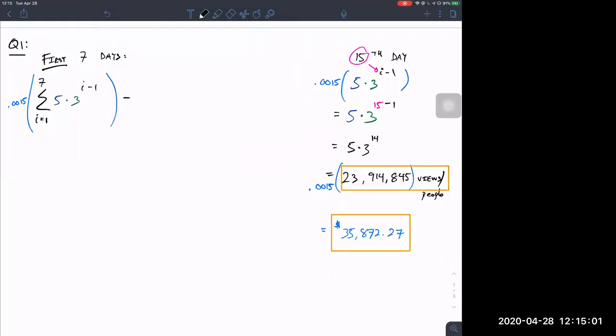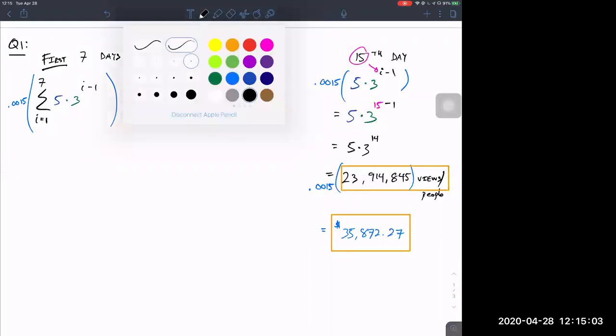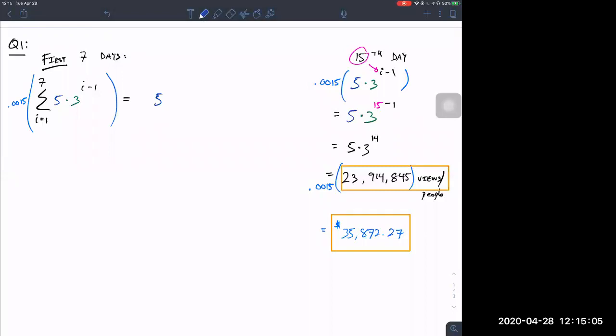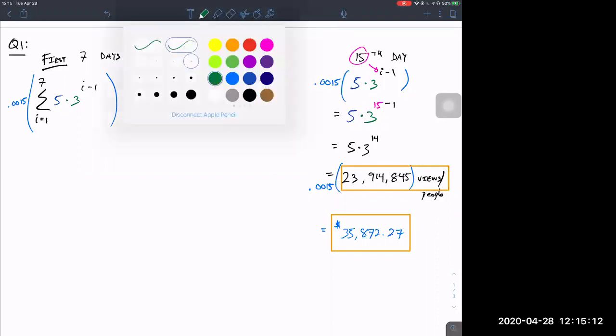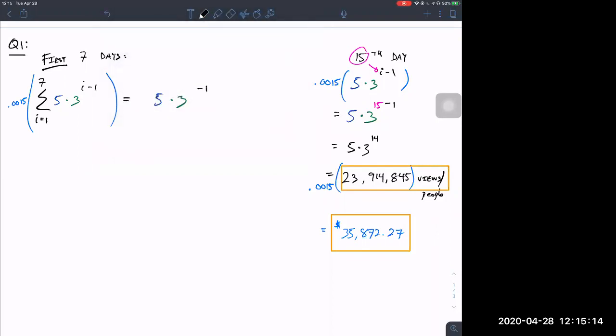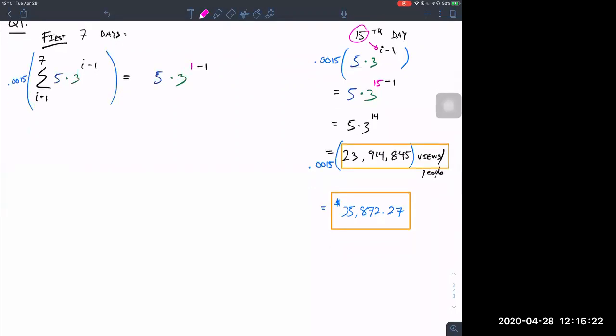This is equivalent to saying do 5 times 3 to the i minus 1, 7 times. So 1, 2, 3, 4, 5, 6, 7. I'll list it out just so you can see.